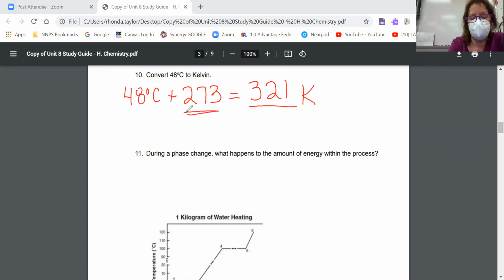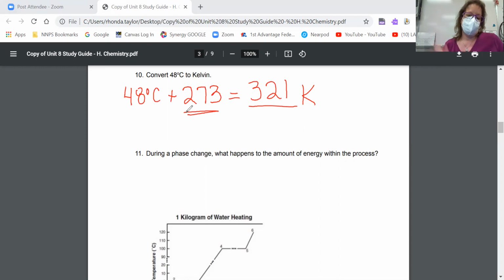You're adding or subtracting, but remember, if we reversed it and we started with Kelvin and we wanted to go to Celsius, you would subtract the 273. Remember, Kelvin has really large numbers when you're looking at temperatures. Kelvin is the oddball; y'all probably haven't even seen Kelvin before outside of chemistry.